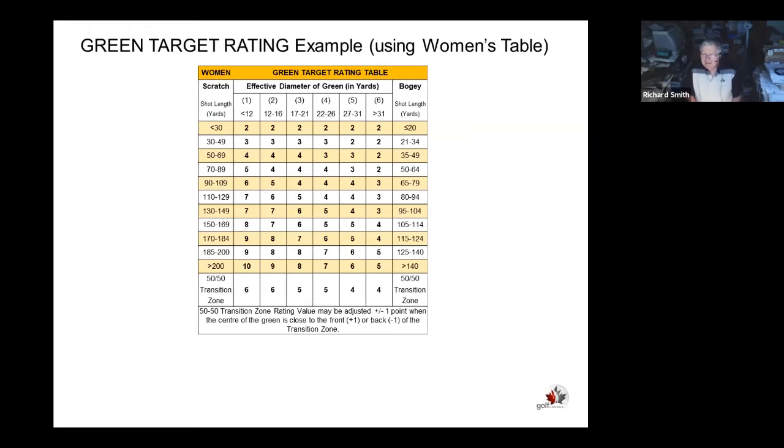So this is an example of the women's green target table. Again, you'll note that I have reversed the order of the columns, but not their contents. So as an example, the green has an effective diameter of 23 yards.